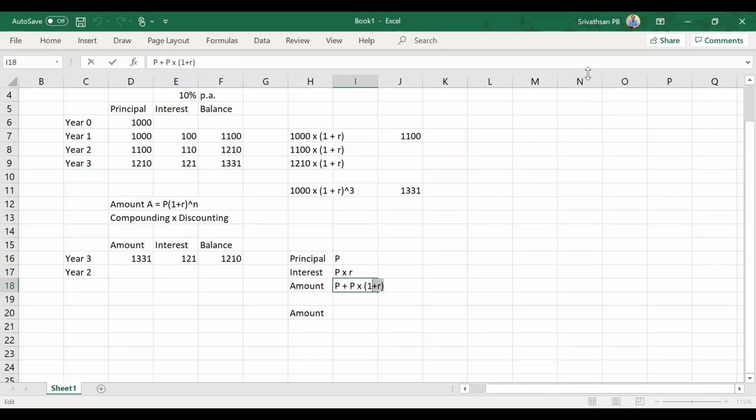And so P plus P into rate. So amount is P into 1 plus R. So that's what we saw here. P into 1 plus R gives us 1331.